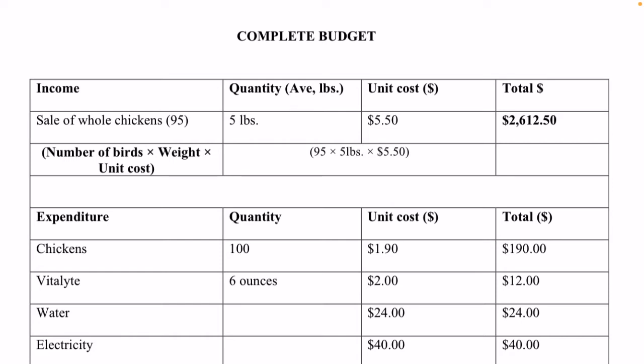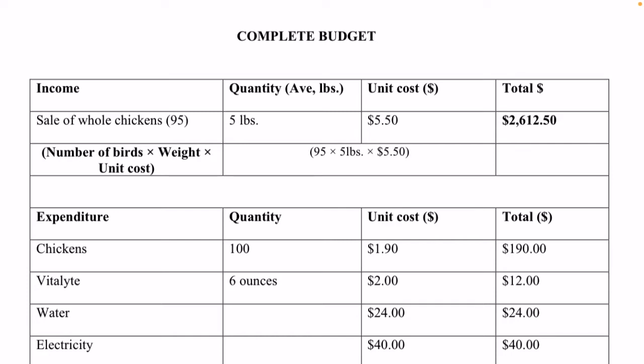All right. So first we're going to be dealing with the complete budget, and this budget mirrors your actual income and expenditure statement, and it will have the same three parameters such as income, expenditure, surplus or loss.